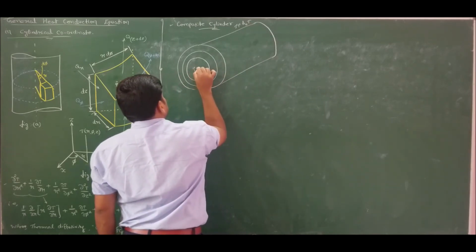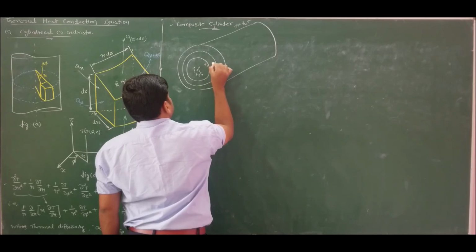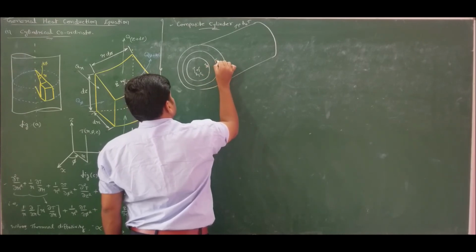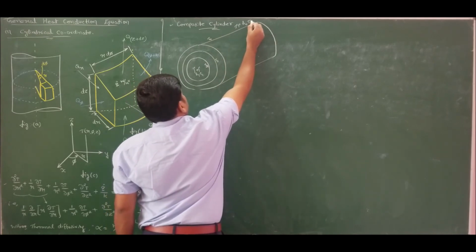Inside also let us consider the convection heat transfer as Hi and T1. The surface temperatures are taken as T2, T3 and T4. Ambient temperature is taken as T5.